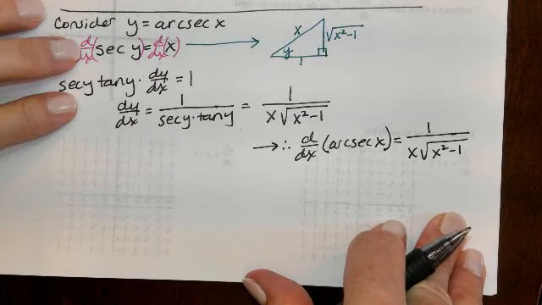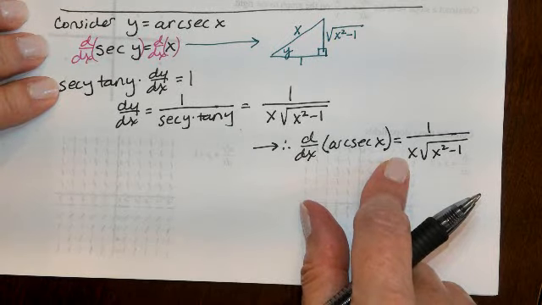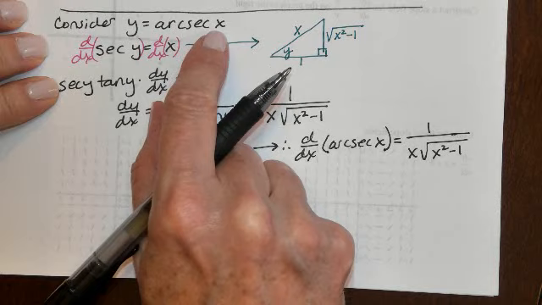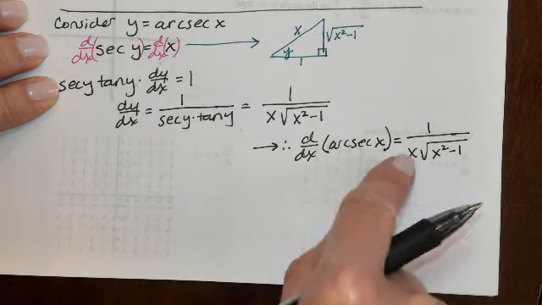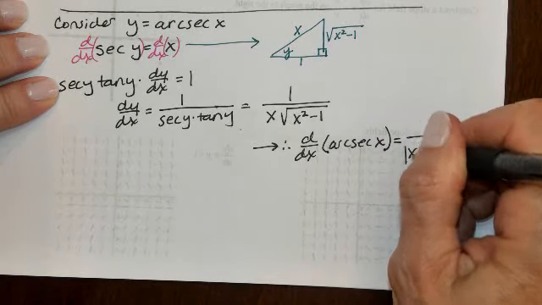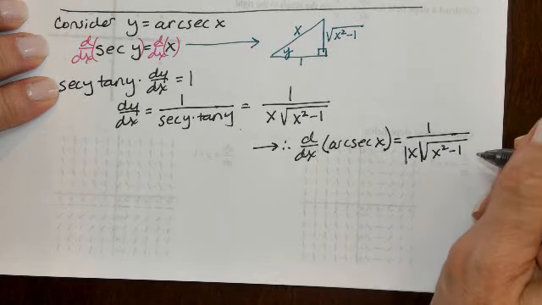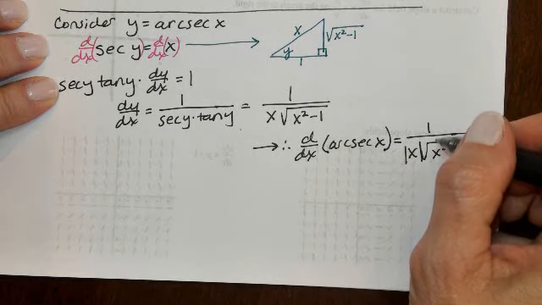Okay, now I need to make a little caveat here. In this expression, x can be negative, okay? The derivative here is always going to be positive, okay? It's always going to be positive. And that comes from restricting the domain and stuff, okay?